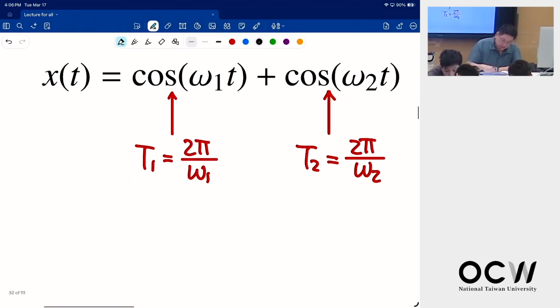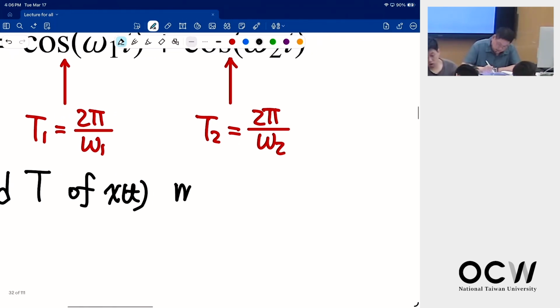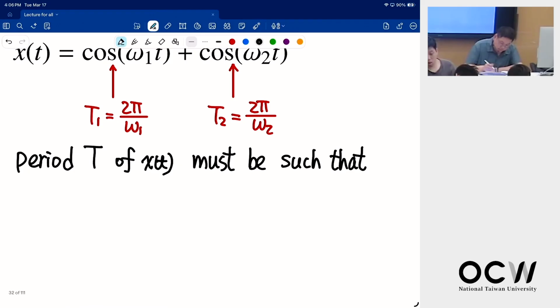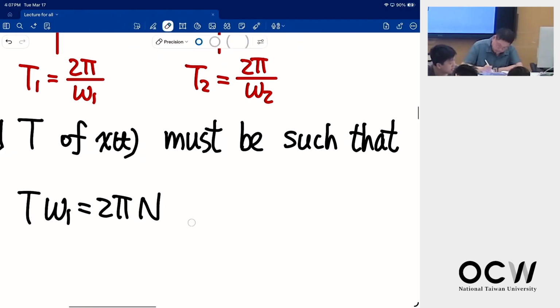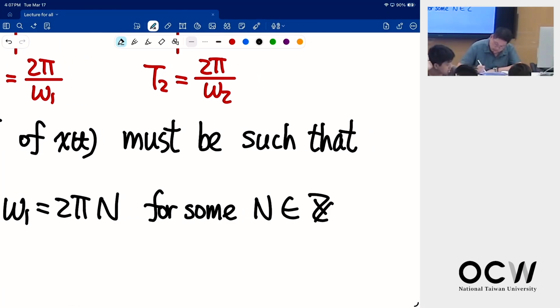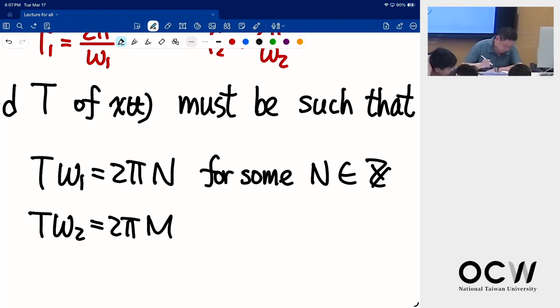So the period T of the signal x must be such that T omega 1 should be 2 pi n for some n that's an integer, and also T omega 2 should be 2 pi m for some m belonging to the integers.